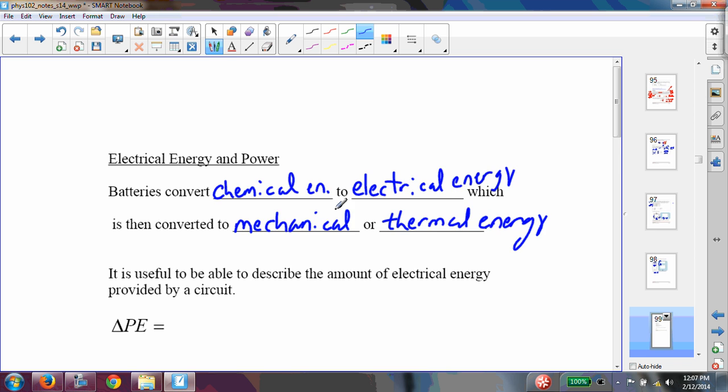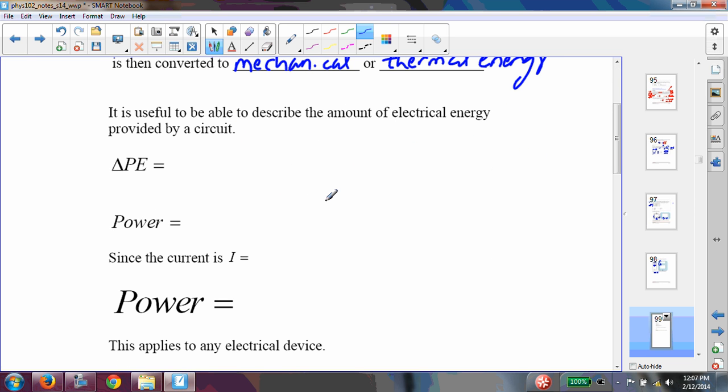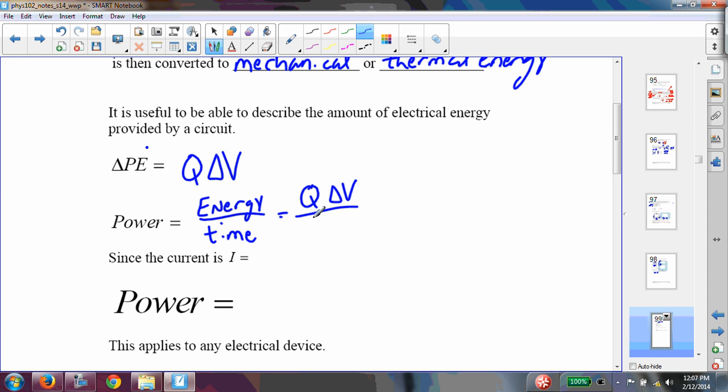Now, it's useful then to be able to describe the amount of electrical energy provided by a circuit, and we'll use this quite a lot in your homes. If you remember, our change in potential energy was equal to Q times delta V. Since power is energy over time, as you recall from last semester, I can describe this as Q delta V over delta T. But notice here that Q over T is just current, our definition for current.